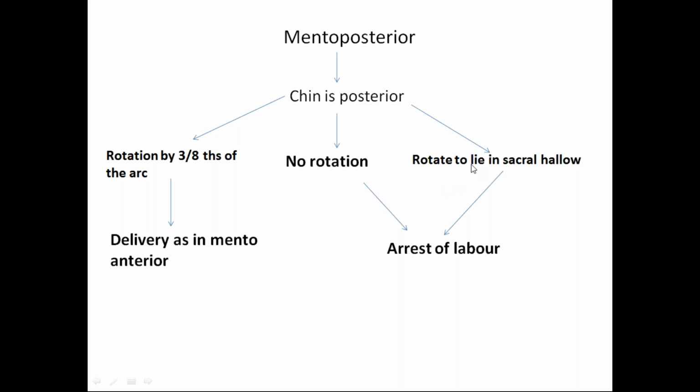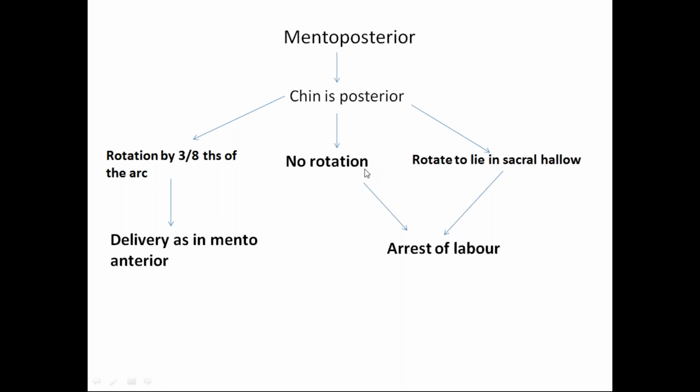Just like how you have face to pubis deliveries in a persistent occipito posterior and in occipito sacral positions, is it not? There the baby delivers as face to pubis, whereas such a mechanism is not there for persistent mento posterior. If it rotates anteriorly, okay, it delivers as an anterior position.